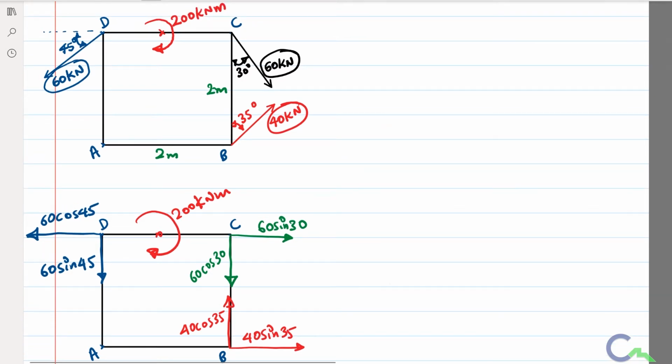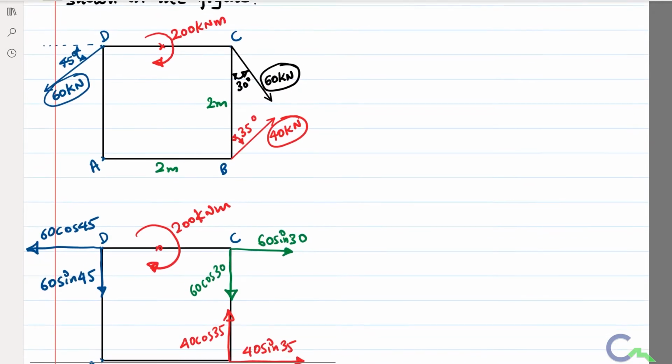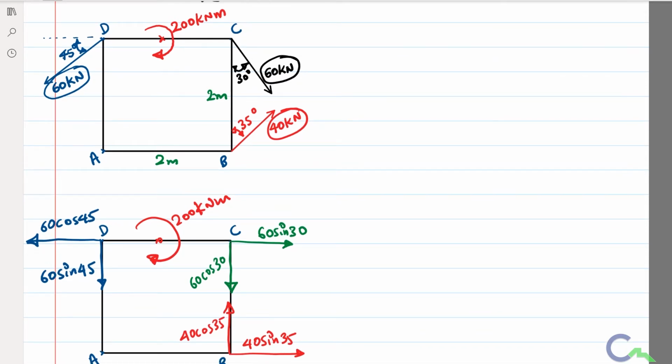After resolution I am going to find the summation along horizontal and vertical direction. First in the horizontal direction, sigma Fx is equal to the first force, 60 cos 45, acting in negative direction, therefore minus 60 cos 45. The moment we are not going to consider while doing this summation; while doing the summation of moment, we are going to consider that 200 kilonewton meter.